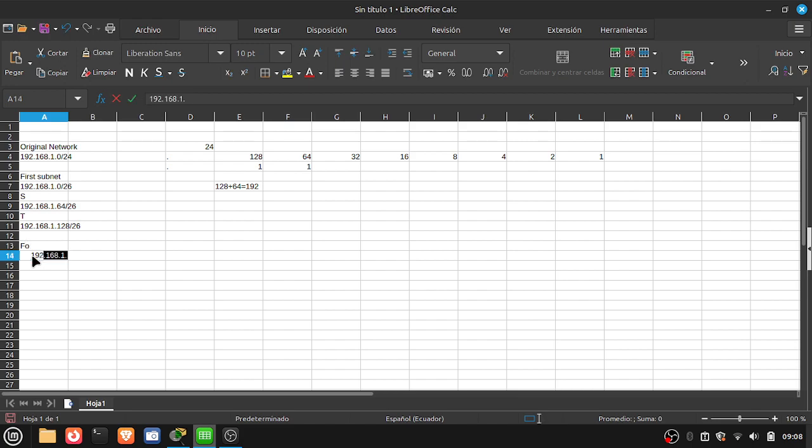And what is it? 192.168.1.192/26, and we are using 254 for the third subnet. That is not right, because I totally forgot about this subnet.